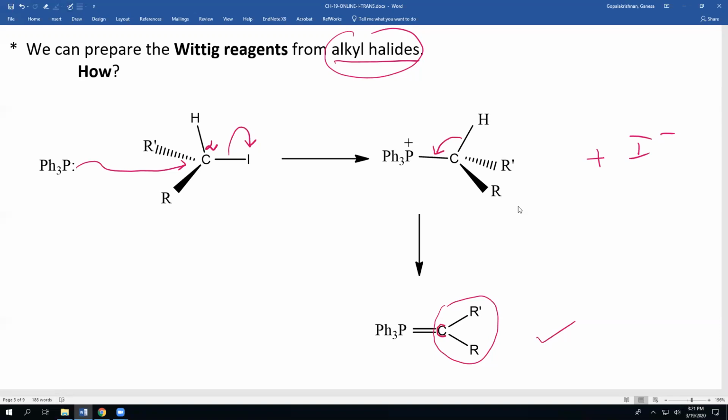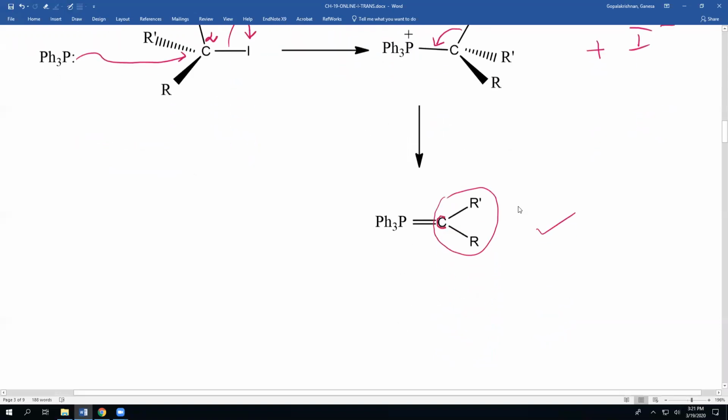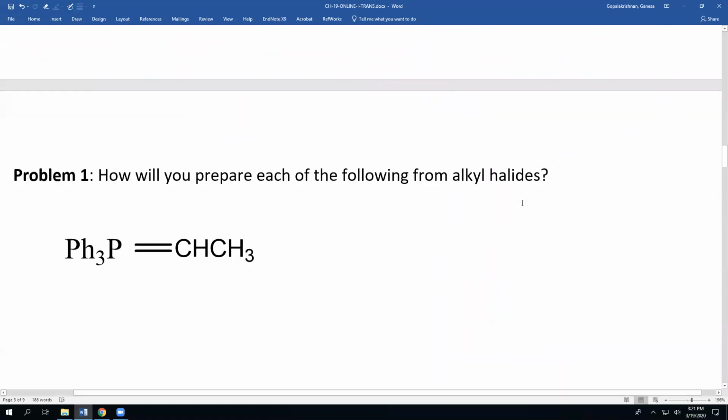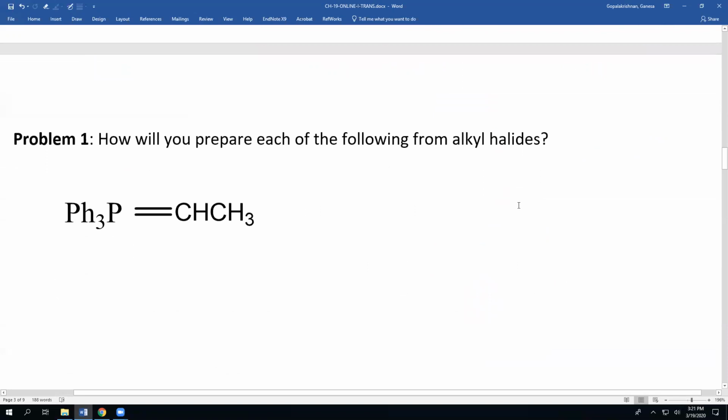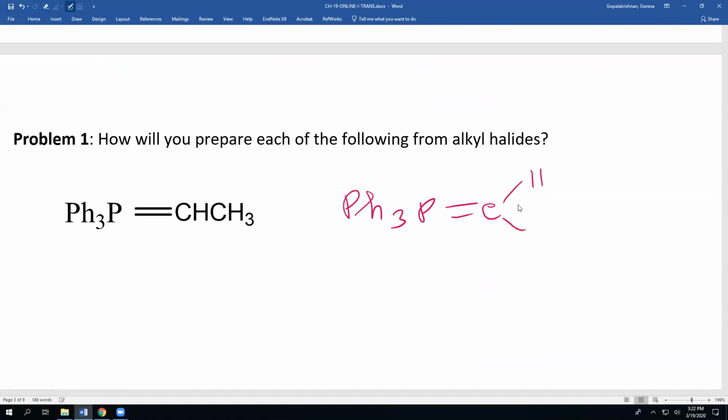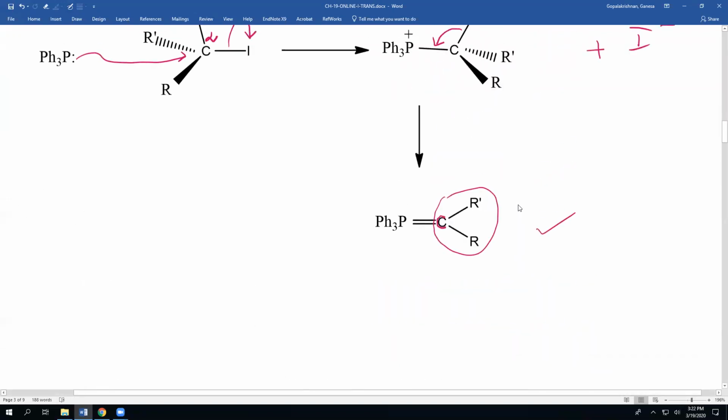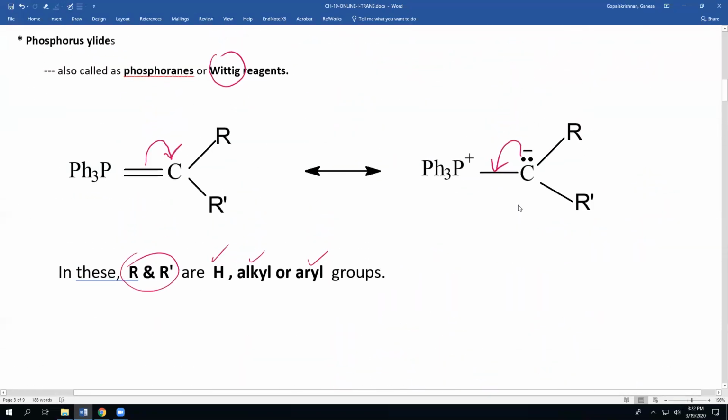It is pretty simple. I'll do some examples on it. Look at this one. This is nothing but this. The one thing I did not mention, I'll go back and do that.